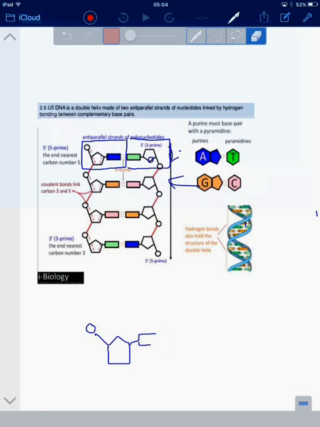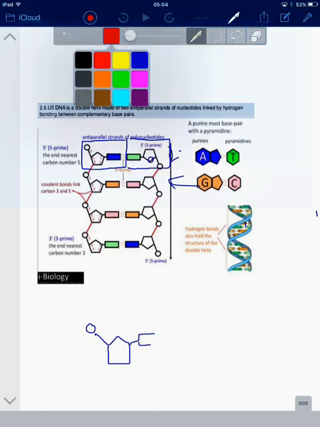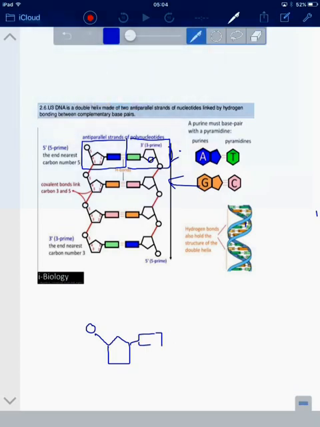is by us having an arrangement where the base binds, but then we have an upside down sugar and the phosphate coming off.